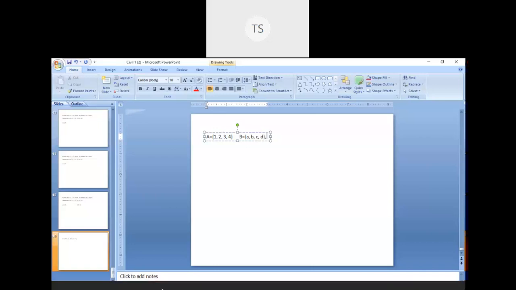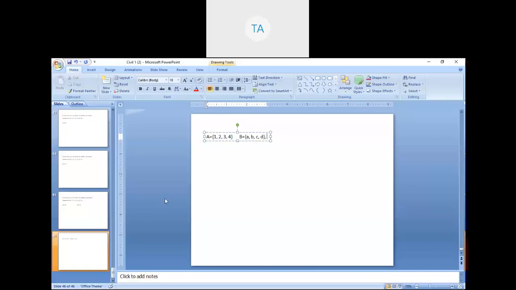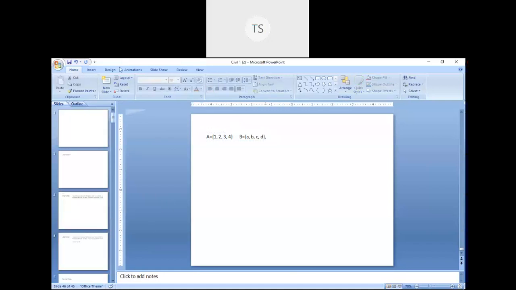Can you show me the slide from the beginning? Okay, wait. So this is the ordered pair. Here I have given the definition. An ordered pair is a pair of objects where one element is designated first and the other element is second.